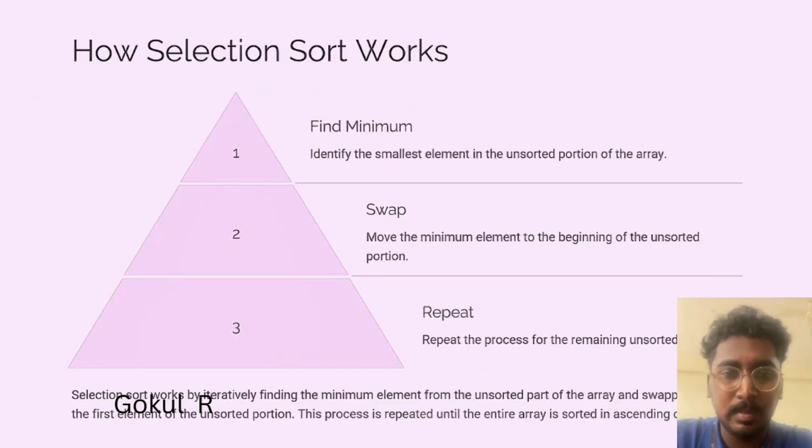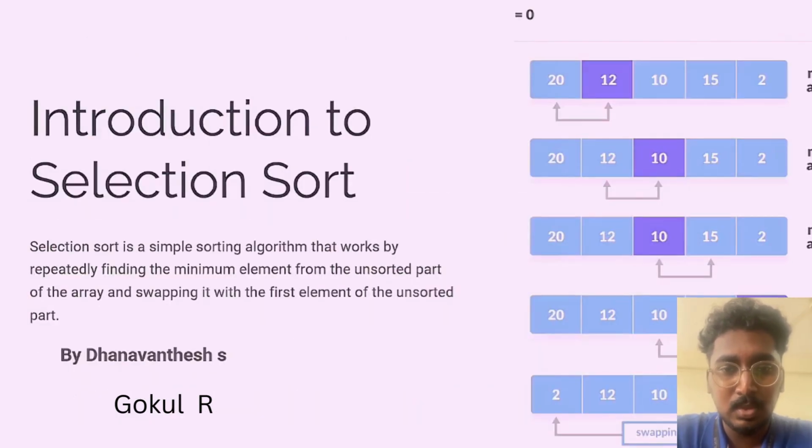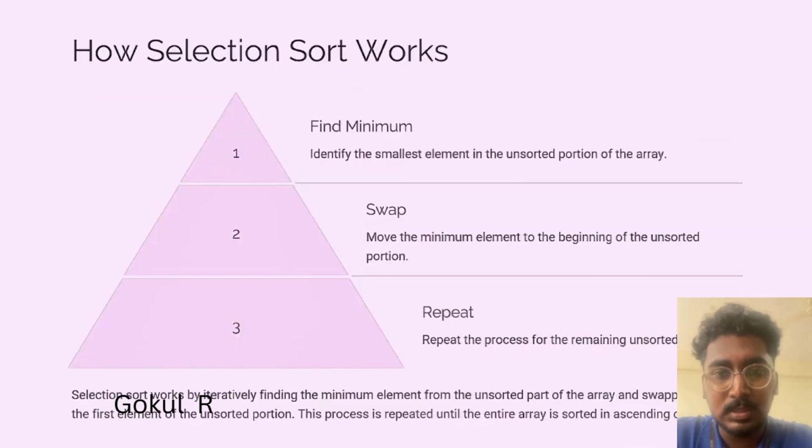Let's see how selection sort works. First, we need to find the minimum in this array. Then we need to swap and repeat again. Identify the smallest element in the unsorted portion of the array and swap. Move the minimum element to the beginning of the unsorted portion.